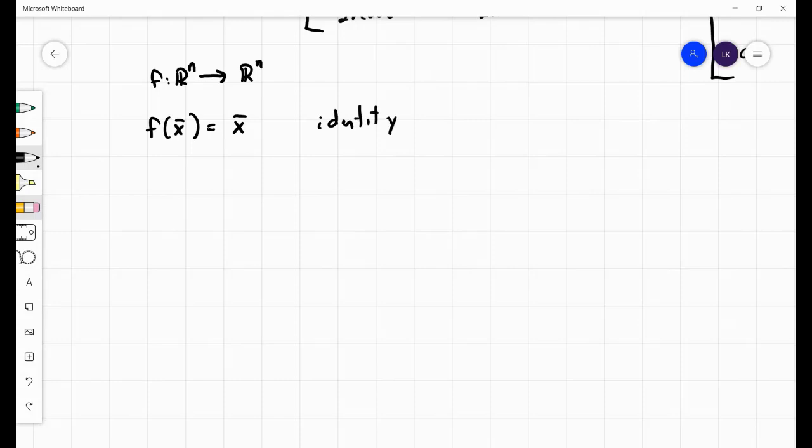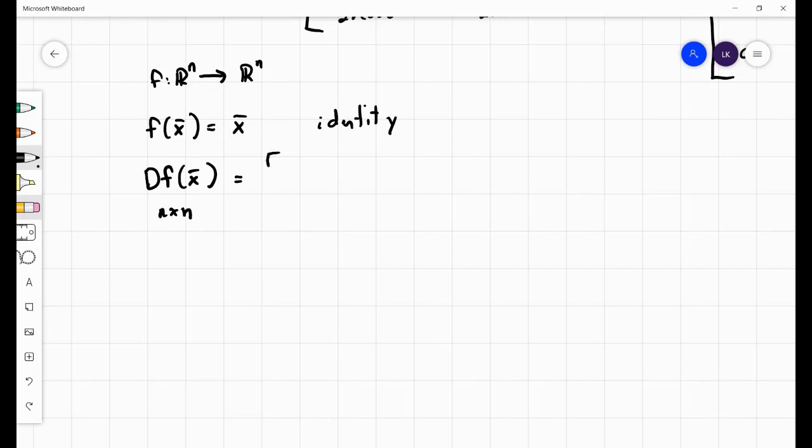Okay. What size matrix is the derivative of this function going to be? What's the size of this matrix, which is the derivative of our function? N by n. Very good. Okay.